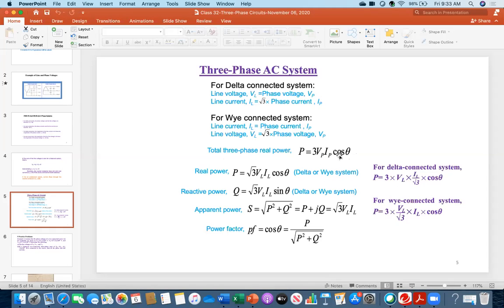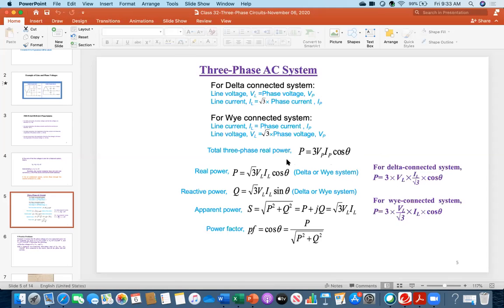I am assuming that it is a balanced system. So keep in mind that this equation is for a balanced system. My assumption is that in all three phases, they have the same voltage magnitude, the same current magnitude, and the proper phase difference of 120 degrees. Then you can straightforwardly multiply it by 3.